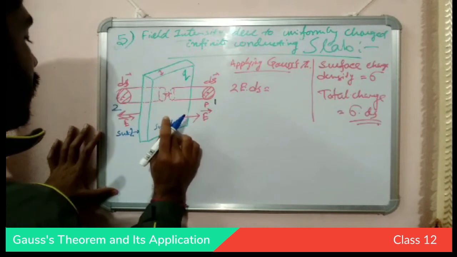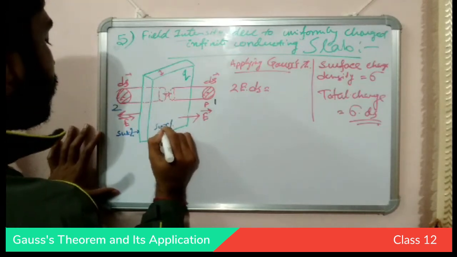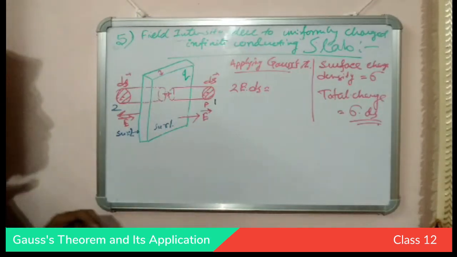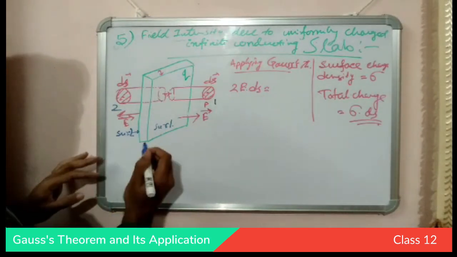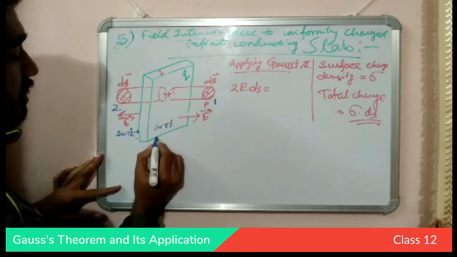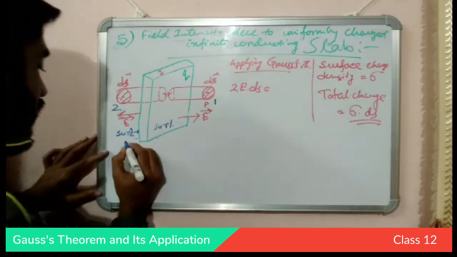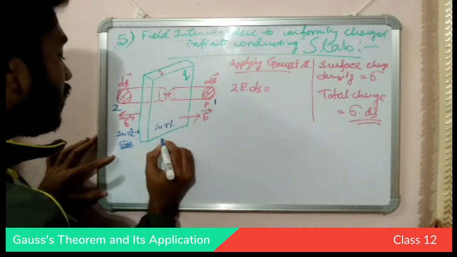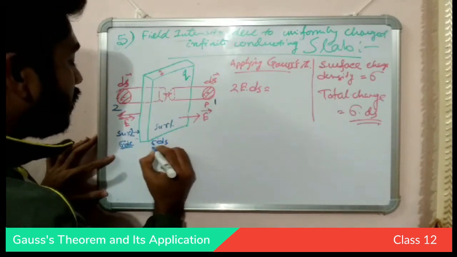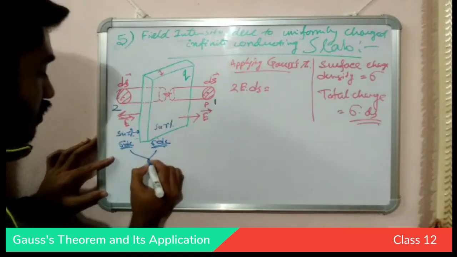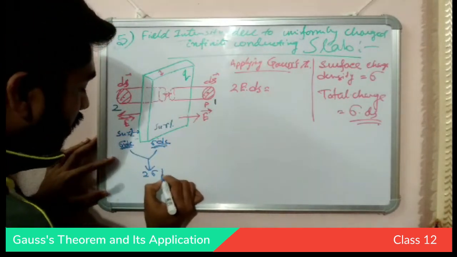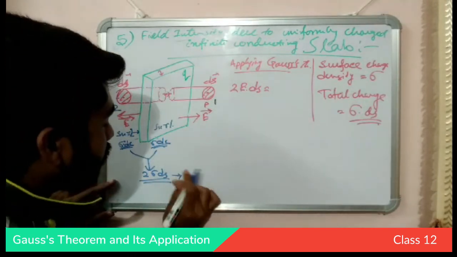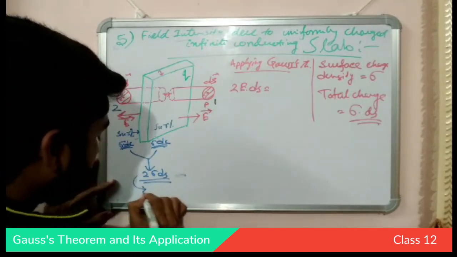Please follow mindfully. So there are two different surfaces. Here is one surface and this is the other surface. So there is sigma ds total charge here, and here it is also sigma ds total charge. So the total charge of the slab will be 2 sigma ds.